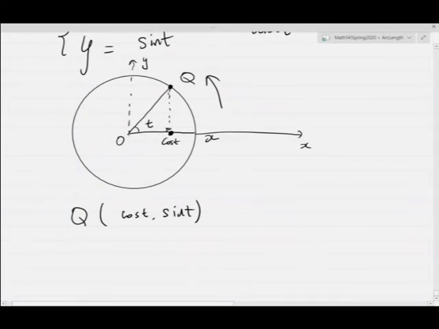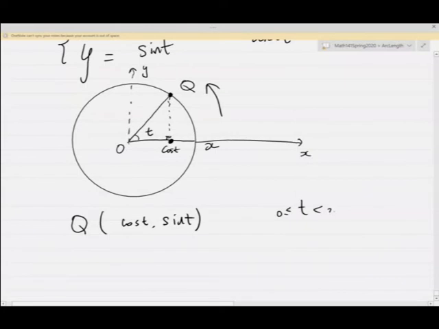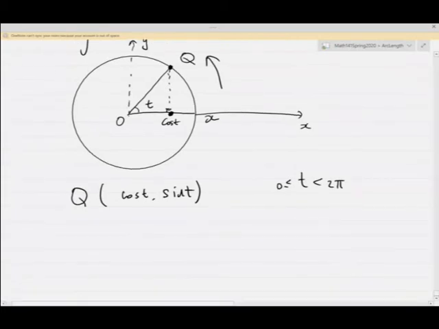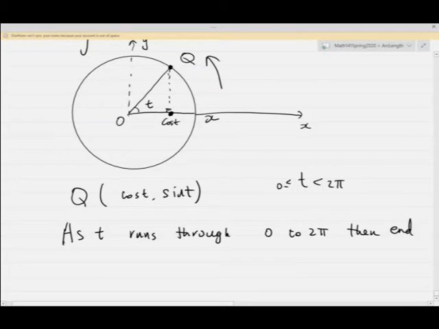As t runs from 0 to 2 pi, the endpoint Q traces out the unit circle.